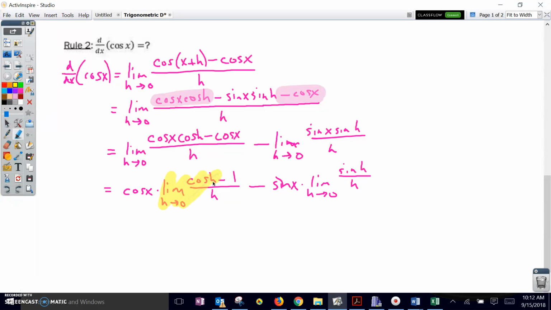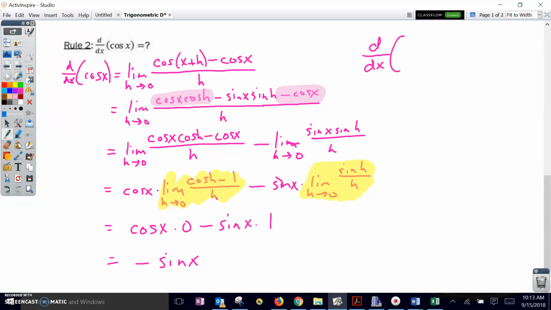We found that this limit right here was 0. And we already knew that this limit right here was 1. So we're going to substitute those values in, and we get cosine of x times 0 minus sine of x times 1. And this is equal to negative sine of x. And so our rule is the derivative of cosine of x is equal to the opposite of the sine of x.